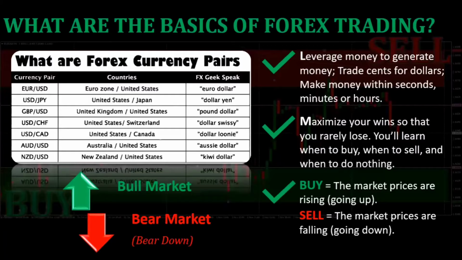The bull horns are going up. If you're talking about a bear market or selling, you think about a bear's paws, right? A bear, the animal, their paws are going down, right? So a bull market, horns going up. Bear market, bear paws are going down. We're selling in that market, okay?